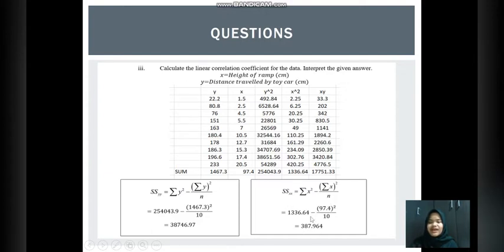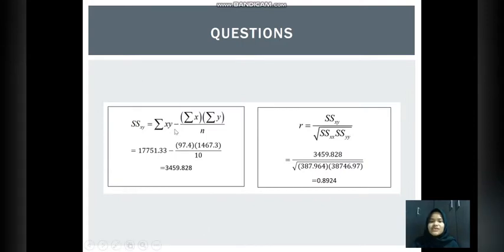Here I get the sample sum of xx is 387.964, while for the sample sum of yy I use the formula sum of y squared minus the sum of y to the power of 2 divided by n, and I got sum of yy is 38,746.97. For xy, I use the sum of xy minus sum of x times sum of y divided by n. So here is the sample sum of xy that I got from this formula.